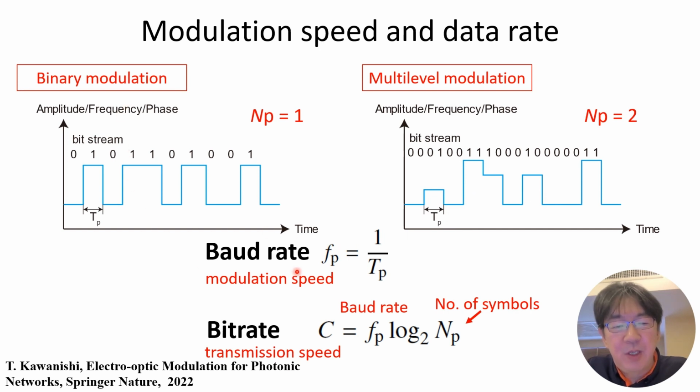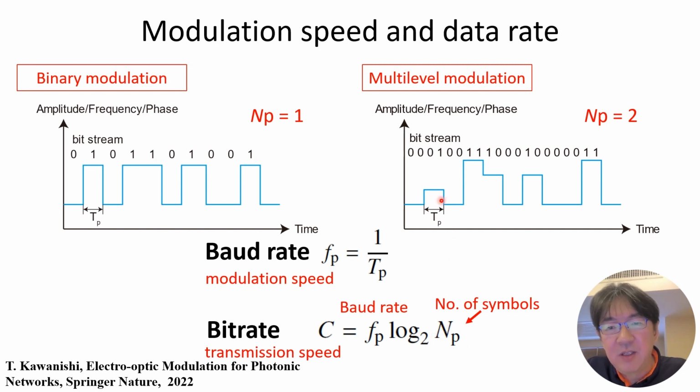The modulation speed is described by baud rate. Baud rate is defined by this equation. Tp denotes the period of the pulse or the period of the modulation. So the FB describes the modulation steps per second. And bit rate that denotes the transmission speed would be given by this equation. Here is the number of symbols.